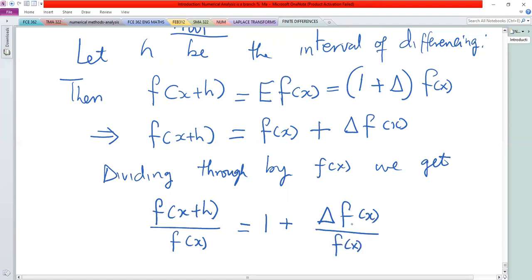Remember, forward of f of x over f of x cannot be cancelled because this is just one quantity different from f of x.